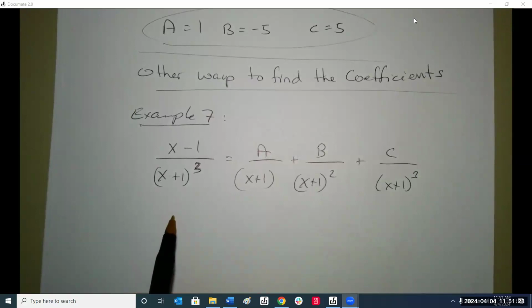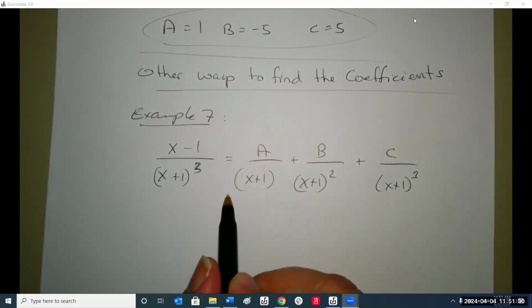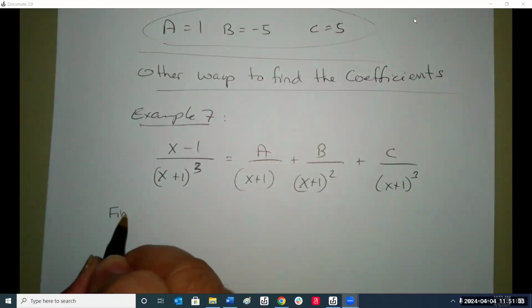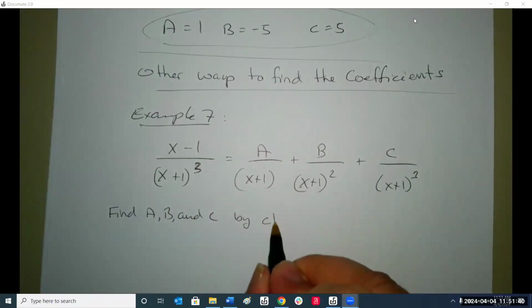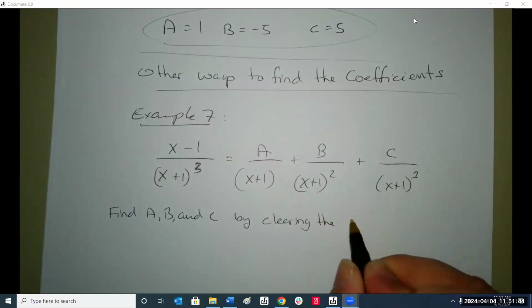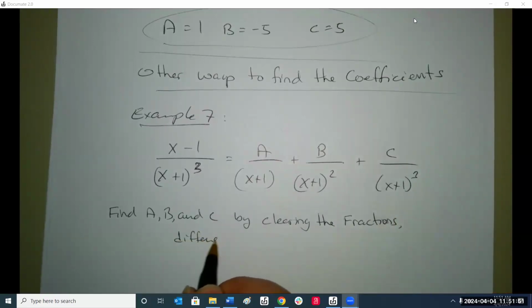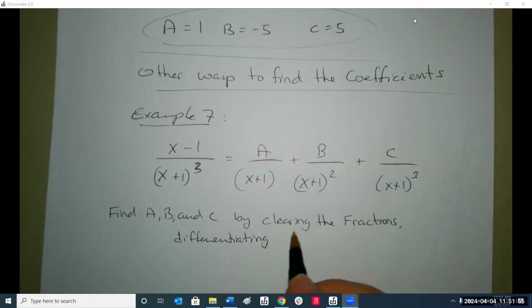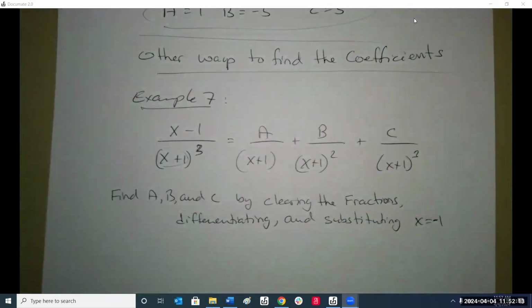The instruction says, find A, B, and C by clearing the fractions, differentiating, and substituting x equals negative 1, because that's what our restriction of the domain is. That's the value we'll choose.